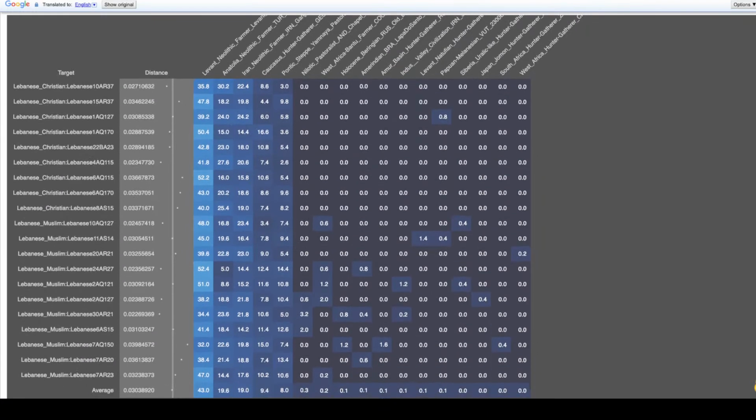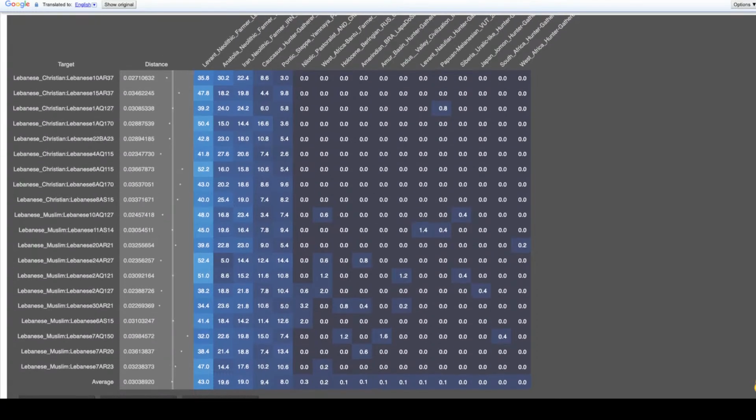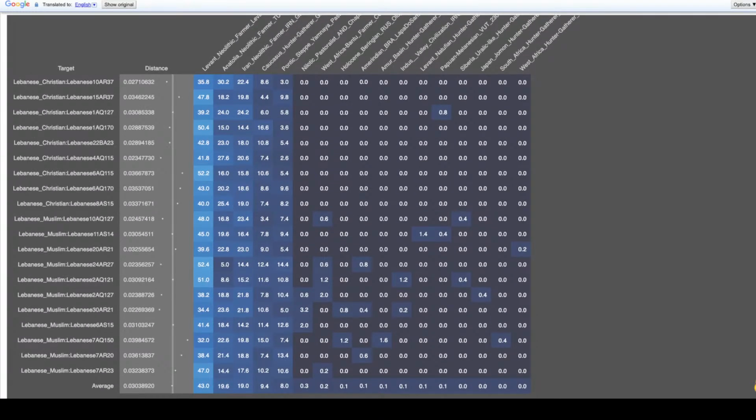Also have the Zagros farmer, Caucasus hunter-gatherer, then we have the Yemeniya. We have lesser samples as follows.